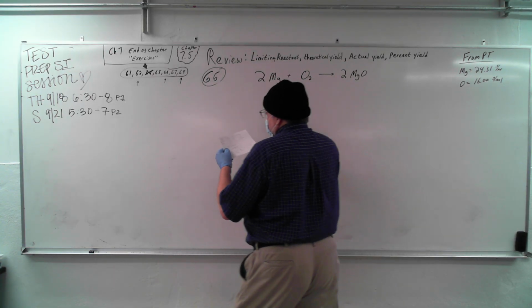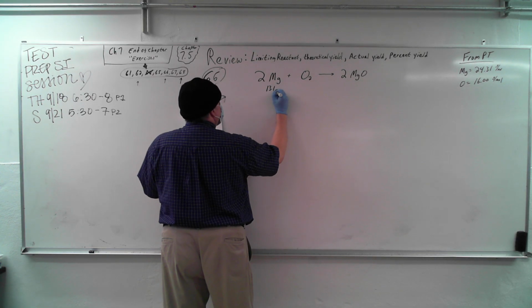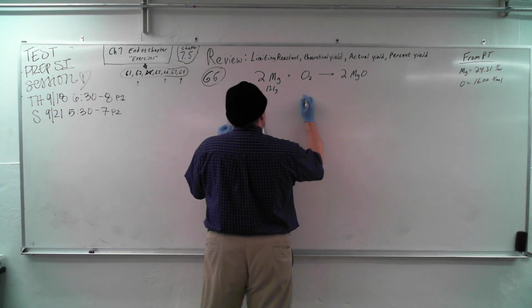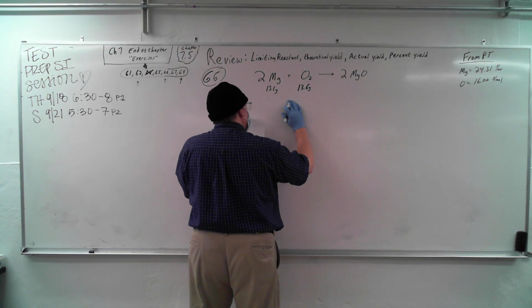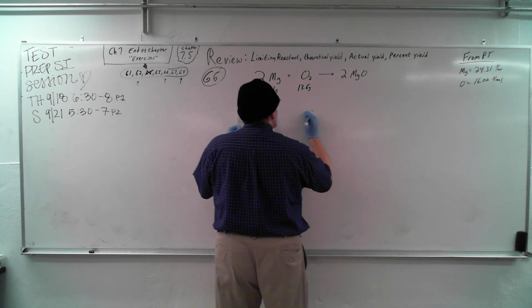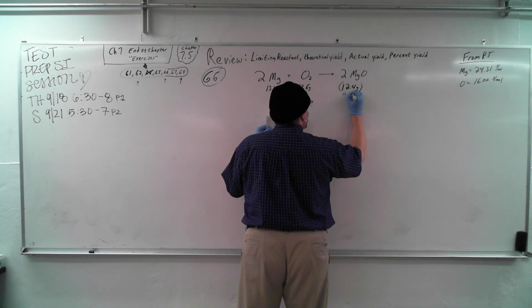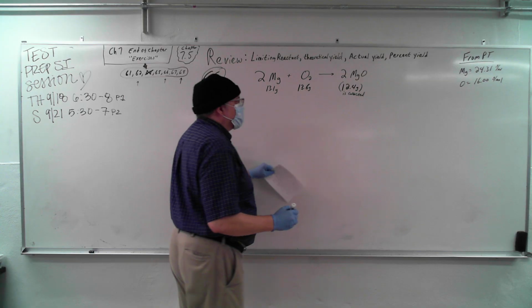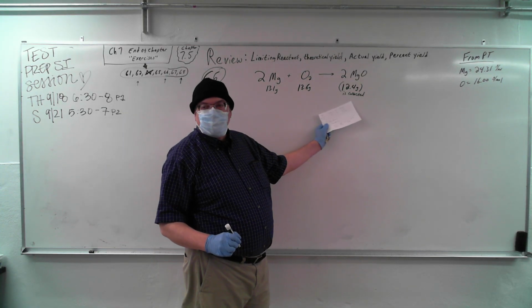We have to do this. Oh, well, let me mention this. It says there's 13.1 grams of Mg put in, 13.6 grams of O2 put in, and it says at the end of the reaction, 12.4 grams of this is collected. They're saying someone actually did this reaction, and this is how much MgO they got at the end.